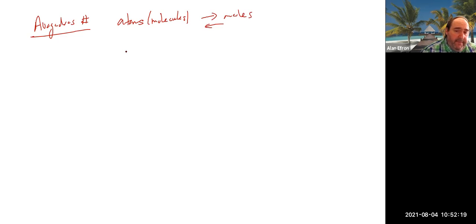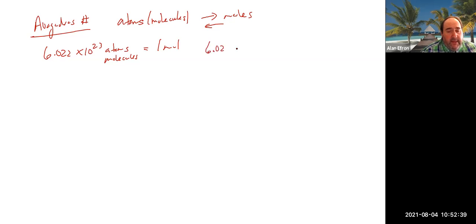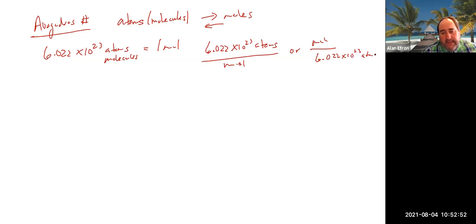And remember that there is 6.022 times 10 to the 23, again, this could be atoms, this could be molecules, the units could change, in 1 mole of something. And again, we use it as a conversion factor, 6.022 times 10 to the 23 atoms per mole, or a mole is 6.022 times 10 to the 23 atoms in this particular case.